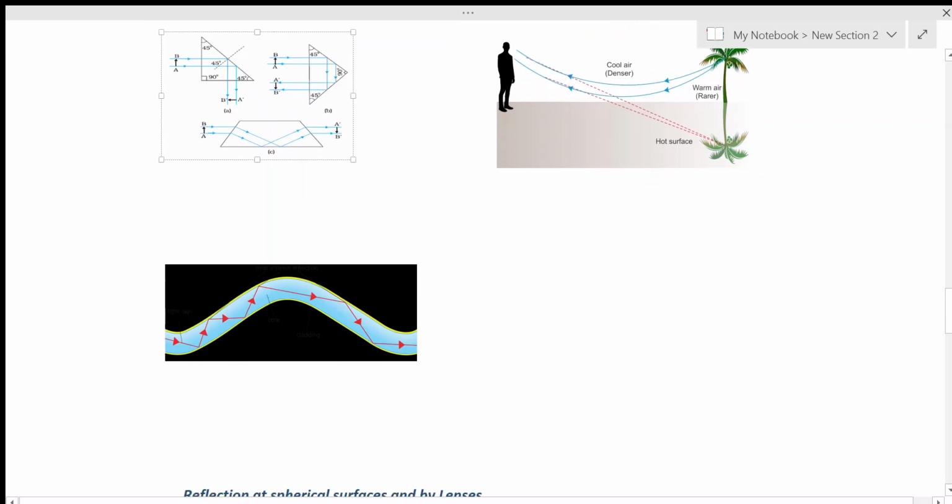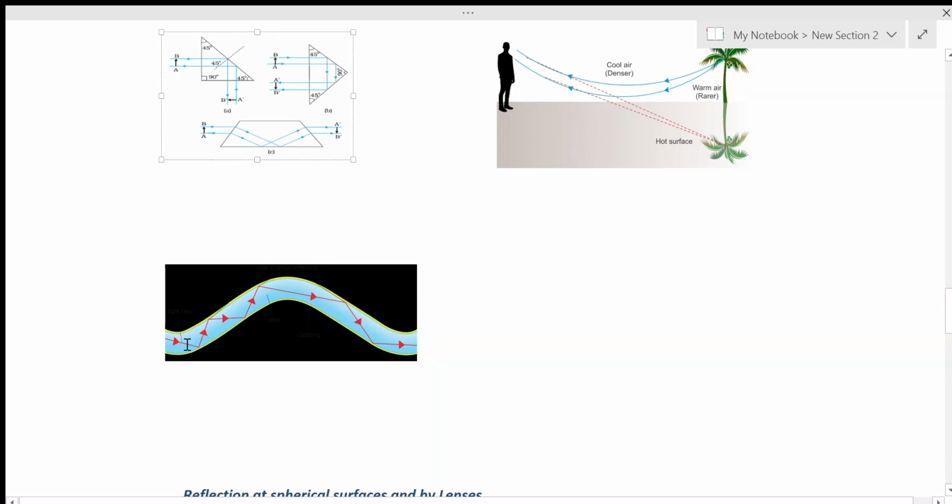Now another very useful place where we use total internal reflection is the optical fiber. Optical fiber is used in diagnosis and treatment, as well as in telecommunication for sending signals. The structure of an optical fiber is such that it has a core and a cladding.